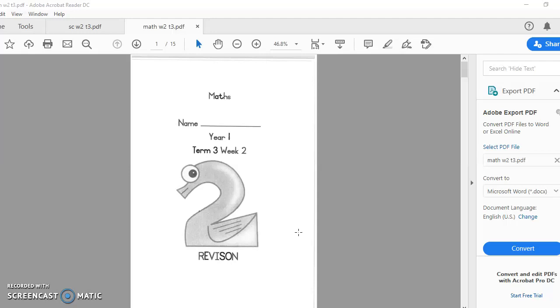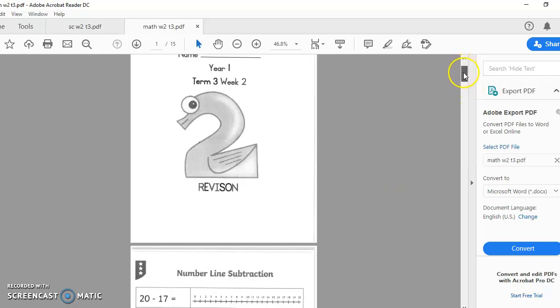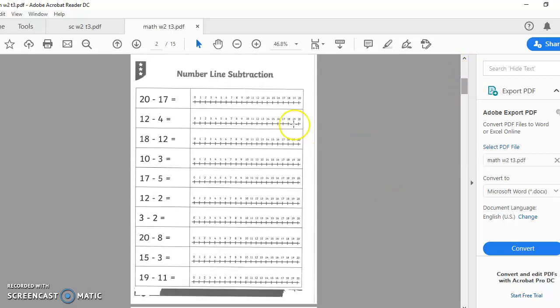For today's Maths Year 1, our first activity is a number line. Okay? So, this is easy, and remember, first you hop, then you count. So, 20 minus 17. That means you put your finger on 20, okay? Since it's minus, we move backwards. We move going that way, okay? If it's plus, we move going that way.